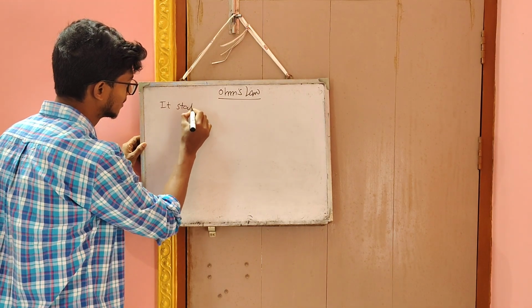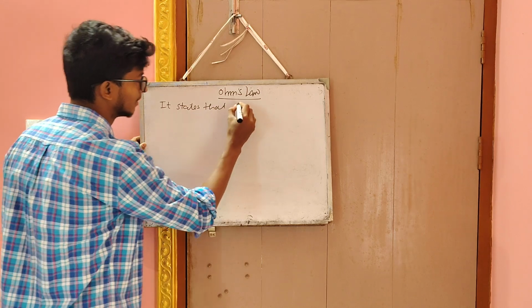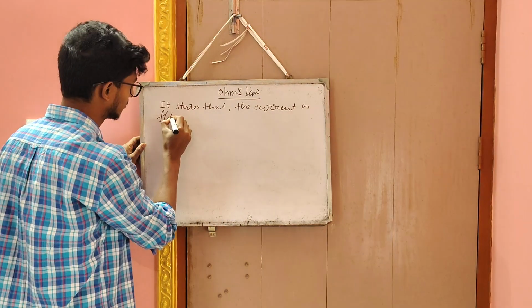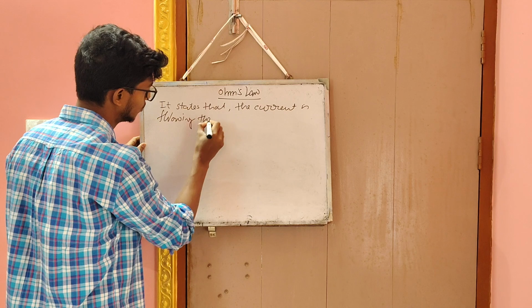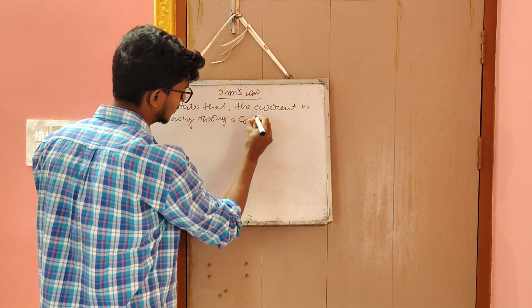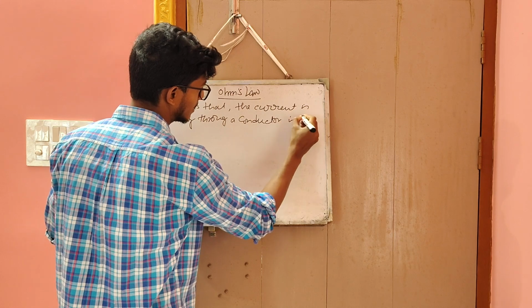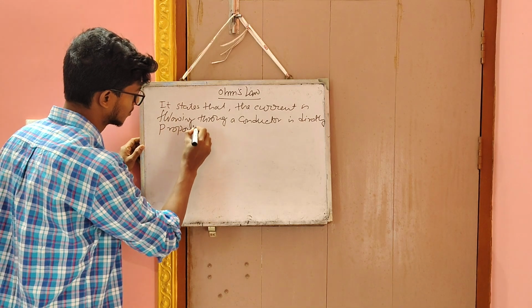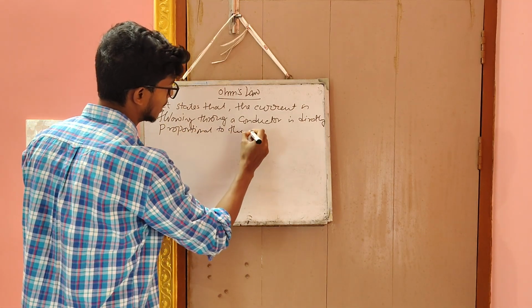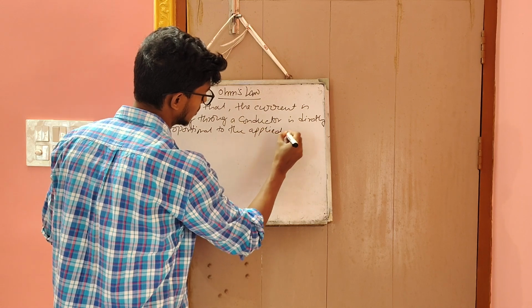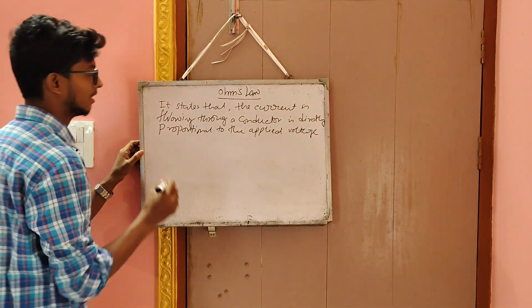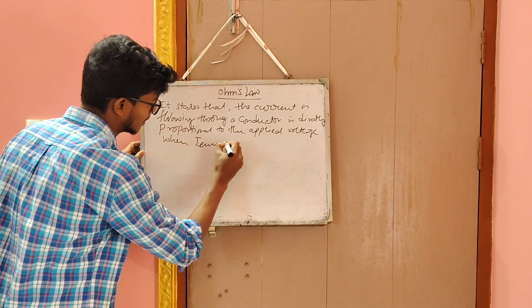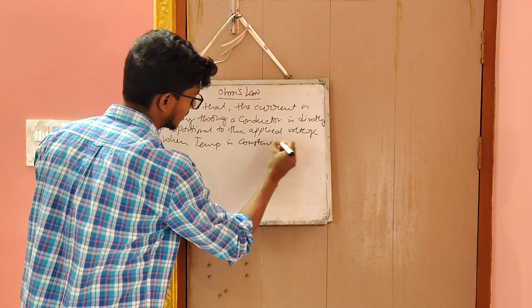It states that the current flowing through a conductor is directly proportional to the applied voltage when temperature is constant.